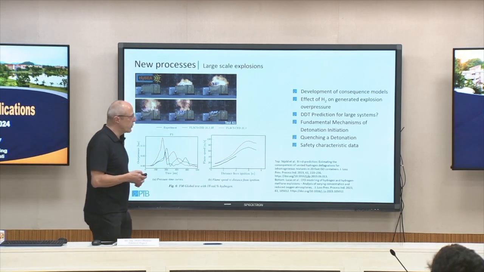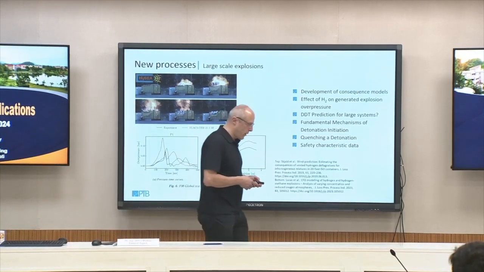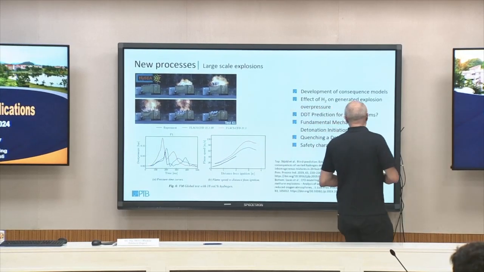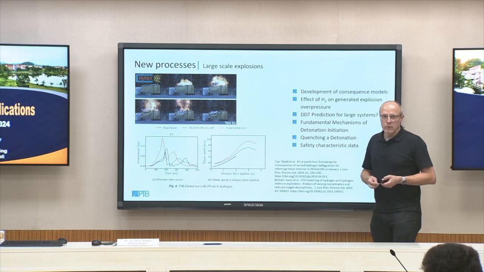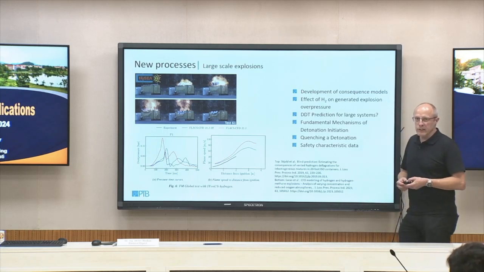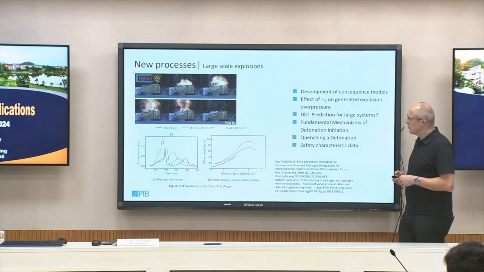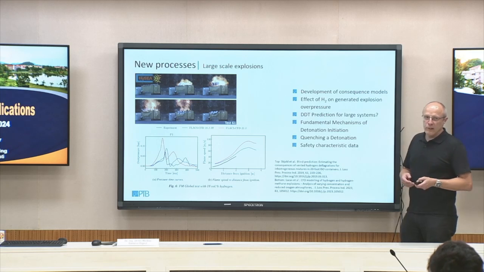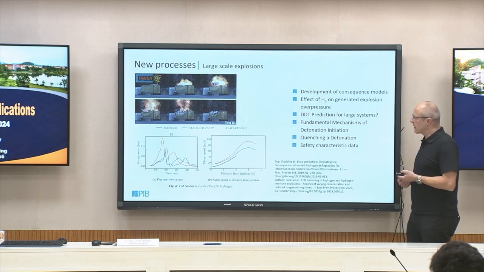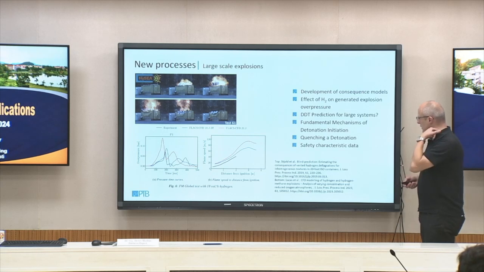So even though we have quite good numerical tools today for such large scale explosions, there is a lot more research necessary to get sufficient agreement between numerical and experimental results, and we need these numerical tools for proper safety assessment. We cannot rely only on expensive experiments.